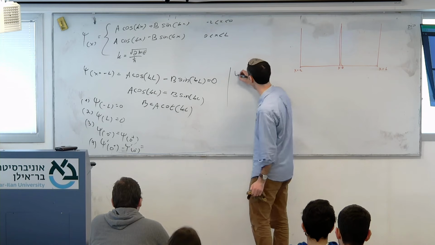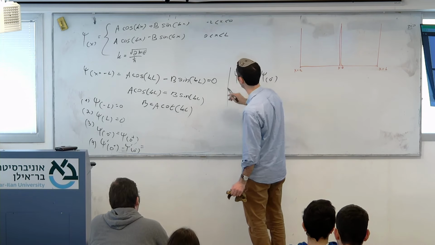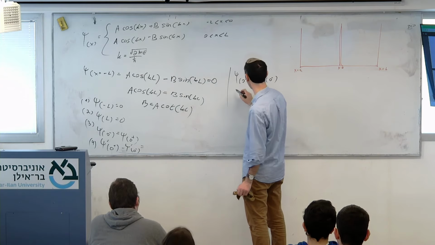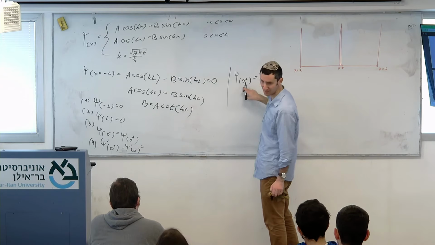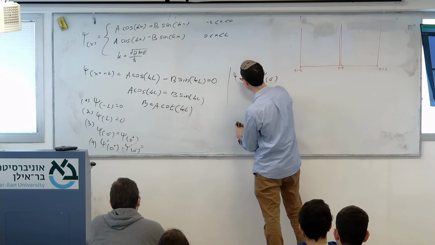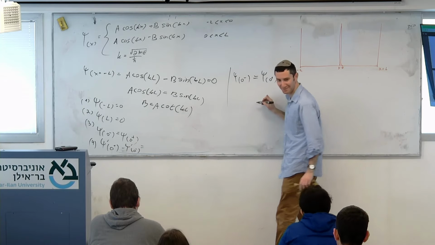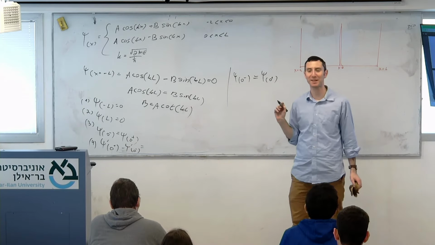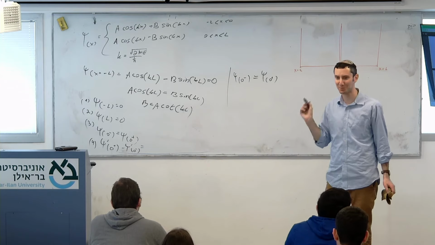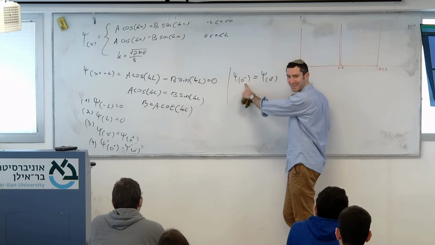What happens? Psi of 0 plus is equal to psi of 0 minus. Doing right and left hand of the equation, and right and left side of the potential, is confusing, so I'm going to try to be consistent here. The left-hand side is psi minus.